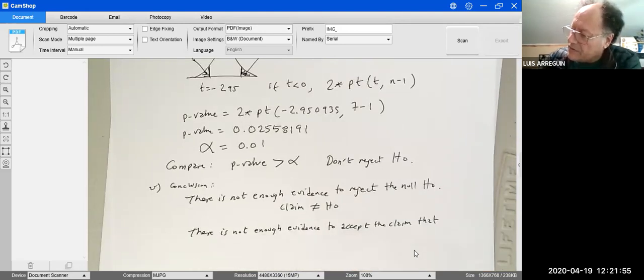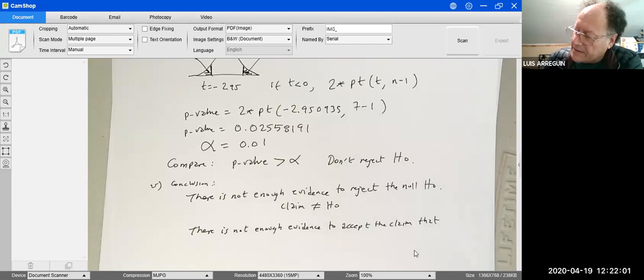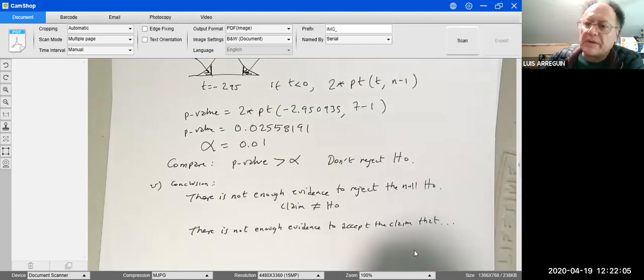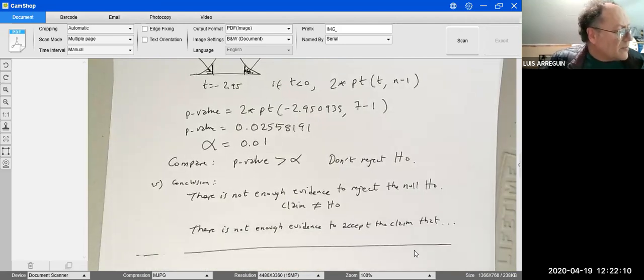There is not enough evidence to accept the claim that the generic drug is going to work as the brand name drug. You just copy that from the problem. So let's see. So there is no difference.